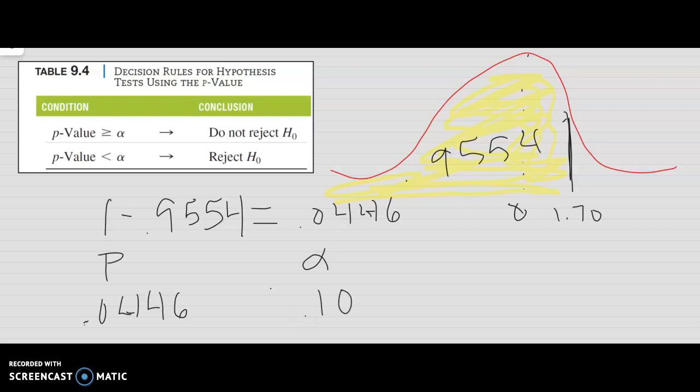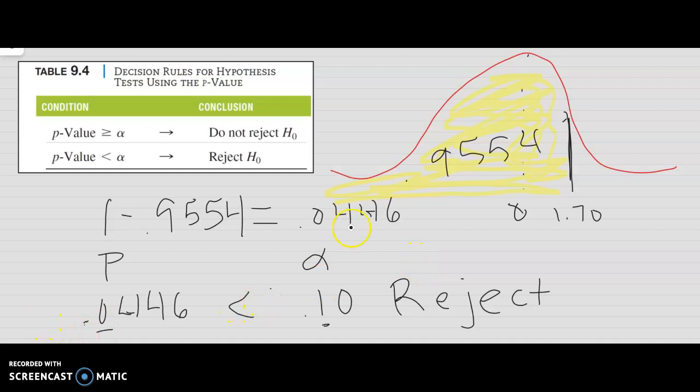Well, 0.0446 is smaller than 0.10. Okay, so since your p-value is smaller than your alpha value, you are going to reject the null.